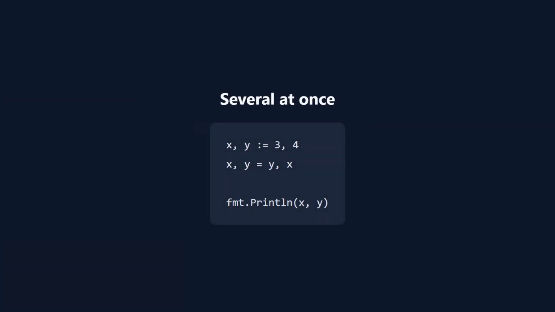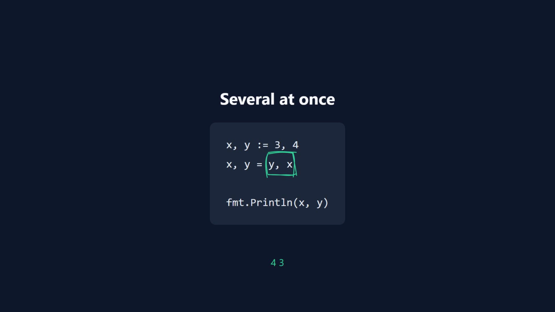You can also declare or assign more than one variable on a single line. The first line makes x equal 3 and y equal 4. And the second line swaps them. Read it right to left. Take y and x as they are now, and put them back into x and y the other way round. So we print 4, then 3.